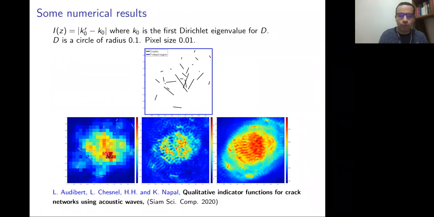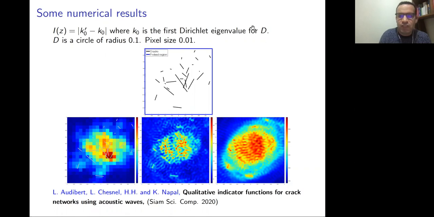And just to finish, some numerical results from this paper. You can see that if we apply this, even if we use only one eigenvalue, the first, we compare the first transmission eigenvalue with the first Dirichlet eigenvalue. Of course, we choose D as a circle, so numerically it is very easy to compute the background operator.